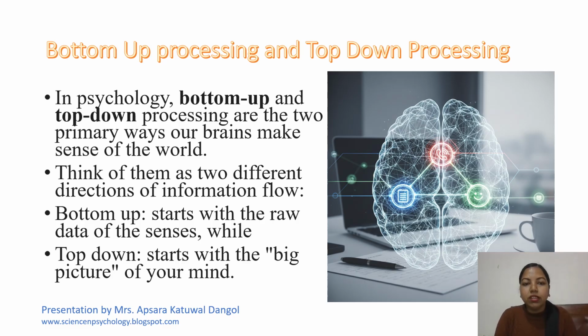So in psychology, bottom-up and top-down processing are the two primary ways where our brains make sense of the world. Think of them as two different directions of information flow. So what is bottom-up processing? It starts with the raw data of the senses, while top-down starts with the bigger picture in our mind.